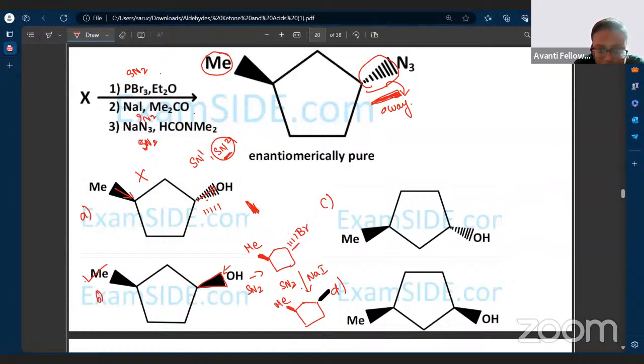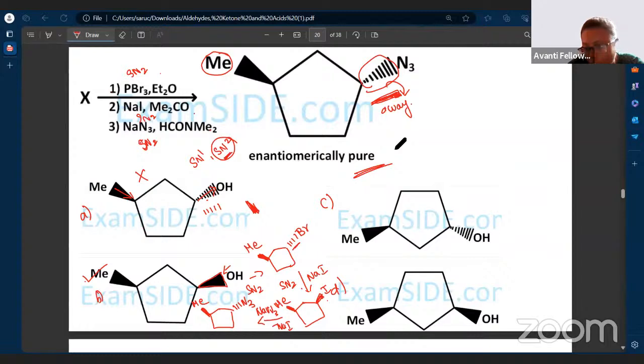Again with NaN3, NaI will be removed. It is also SN2, so again inversion takes place and the wedge bond is converted to a dash bond. So with option B you are getting this enantiomerically pure compound. Option B is the right answer. Okay, got this question?